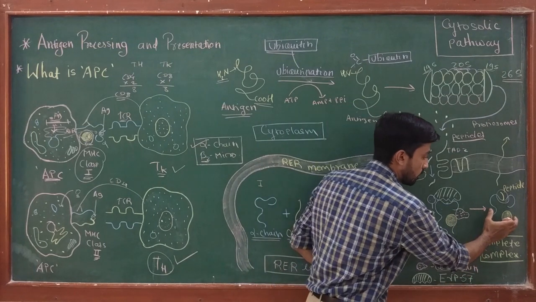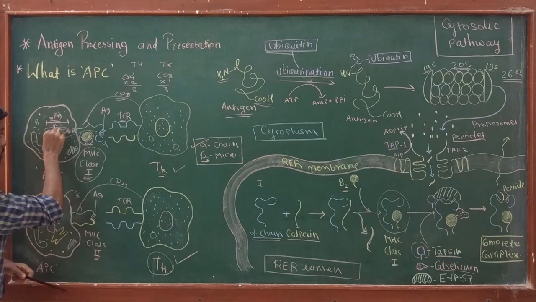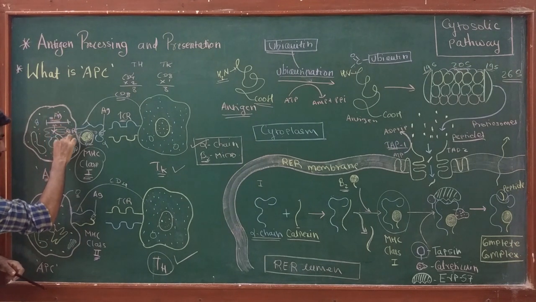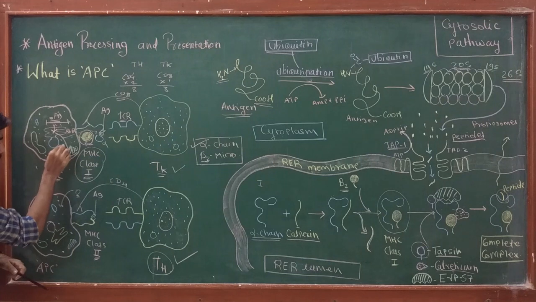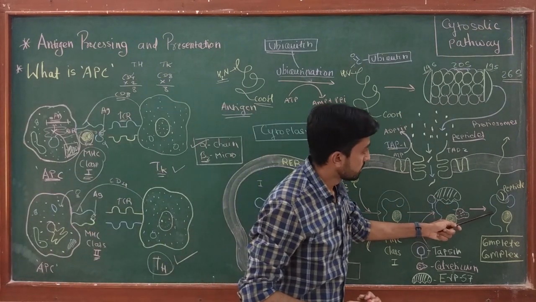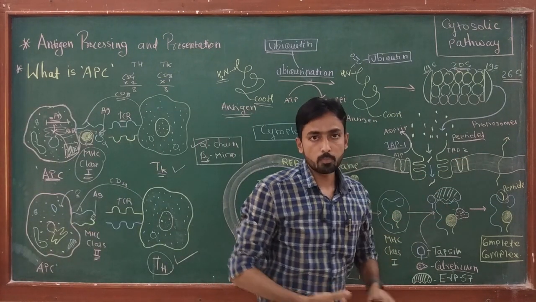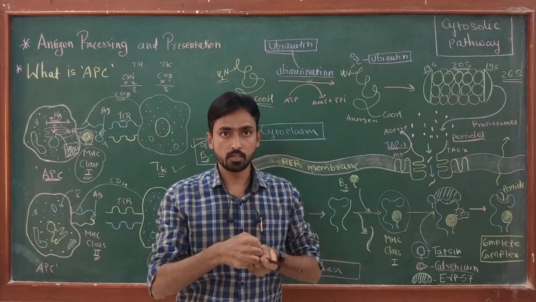Once the complete complex is produced inside the rough endoplasmic reticulum, this complex is transported from the rough endoplasmic reticulum to the Golgi complex. We know that the Golgi complex is another organelle which is present in the antigen presenting cell or animal cell. Once this complex is transported to the Golgi complex, it packs the complex in a vesicle.